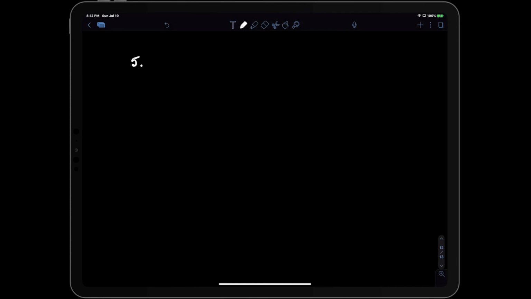Number 5 says that the light from the sun requires 8.3 minutes to reach the earth. So 8.3 minutes, that's going to be our time. And then it says the speed of light is 3 times 10 to the 9th, but that's a typo. That's not right.